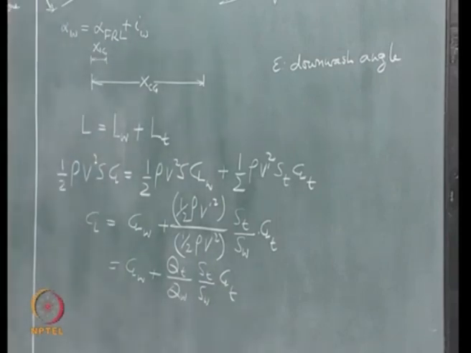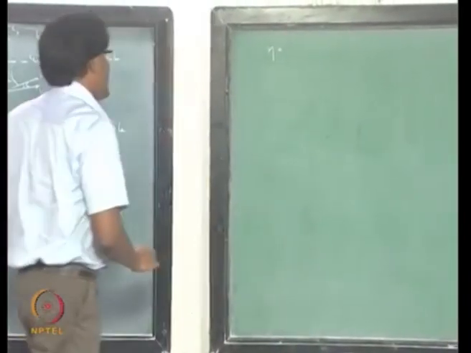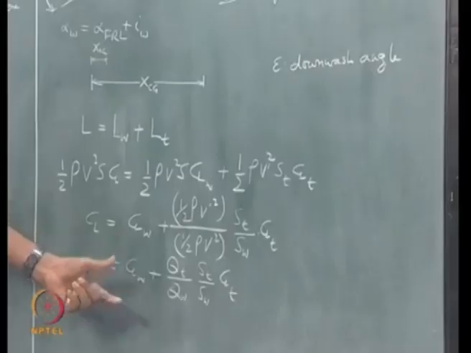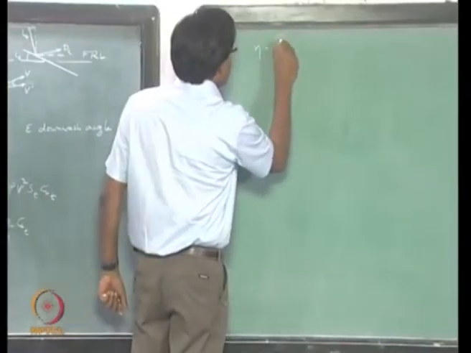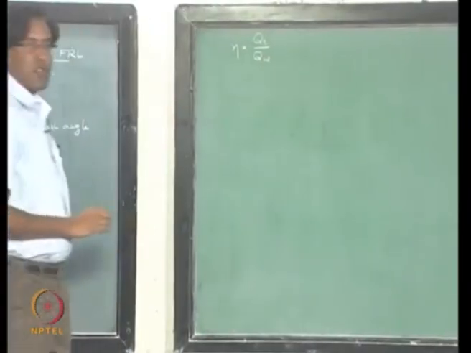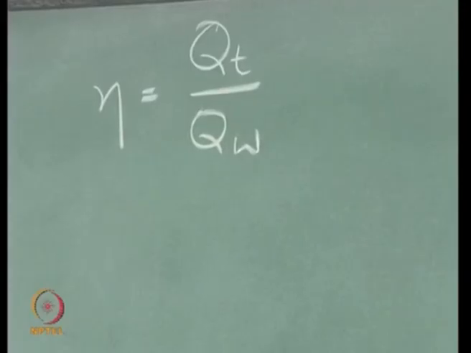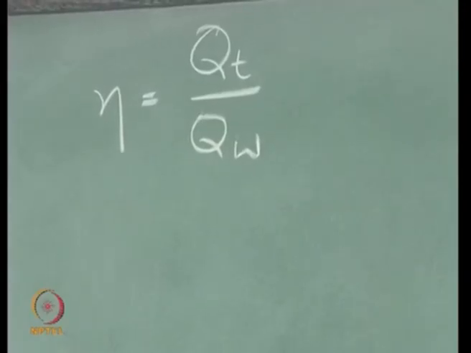Ratio of the dynamic pressures Qt over Qw is also known as tail efficiency. Okay.